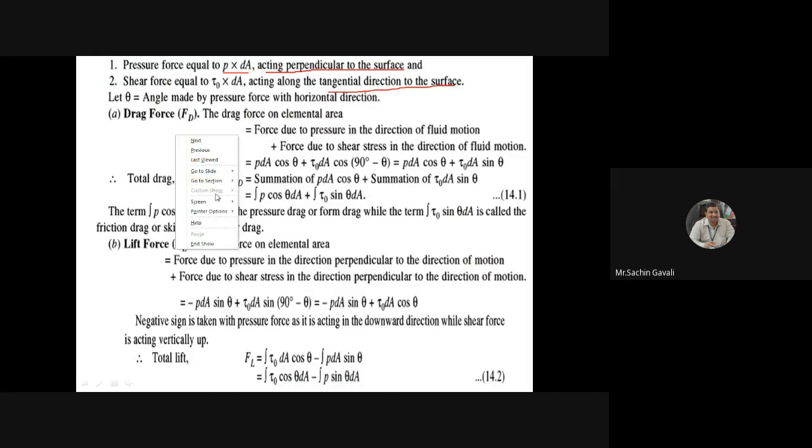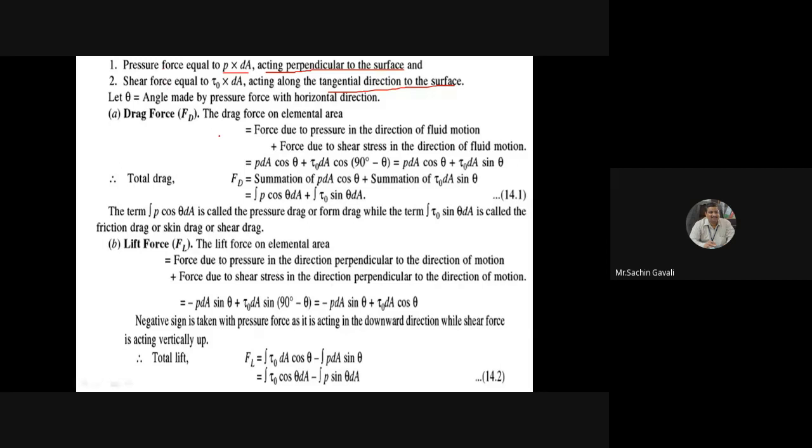Now we have to get the expression for the drag force and the lift force. First of all, we are going to calculate the drag force on the elemental area. Afterwards, to get the drag force on the entire surface, we integrate the drag force on the elemental area, by the definition of integration.